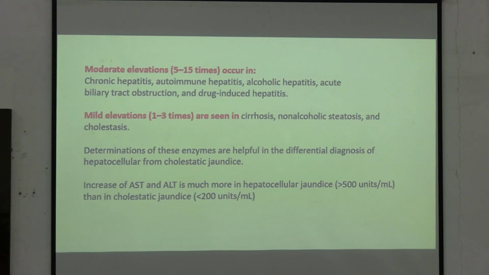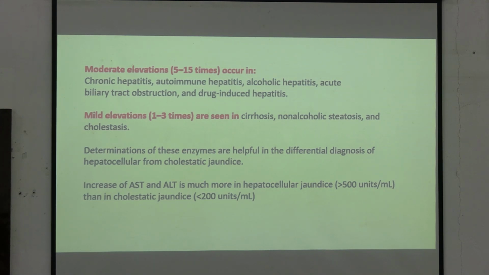Moderate elevation, that is 5 to 15 times, occurs in chronic hepatitis, autoimmune hepatitis, alcoholic hepatitis, acute biliary tract obstruction, and drug-induced hepatitis. Mild elevations, that is 1 to 3 times, are seen in cirrhosis, non-alcoholic steatosis, and cholestasis.